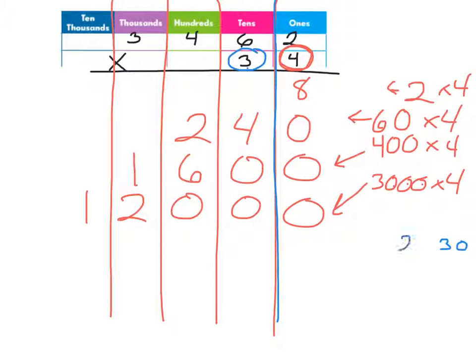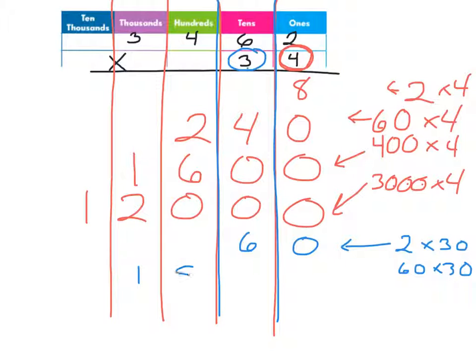So we have 2 times 30 is 60. Move on to the tens column. We have 60 times 30 equals 18 with 2 zeros. There's 2 zeros there. Don't forget to add both zeros.